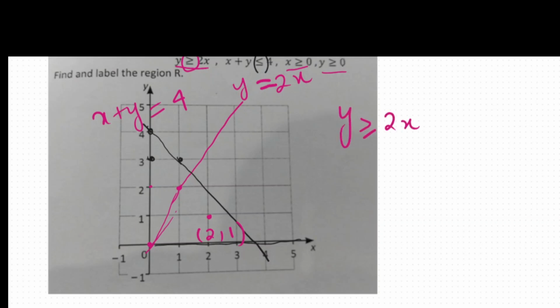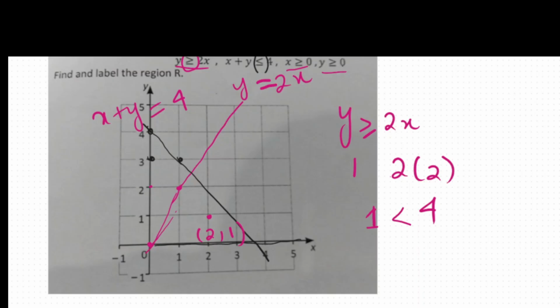Our value of x is 2 and our value of y is 1, so we compare 1 with 2 times 2, which is 4. What is the relationship between 1 and 4? 1 is less than 4. So y greater than or equal to 2x is not satisfied by this point.